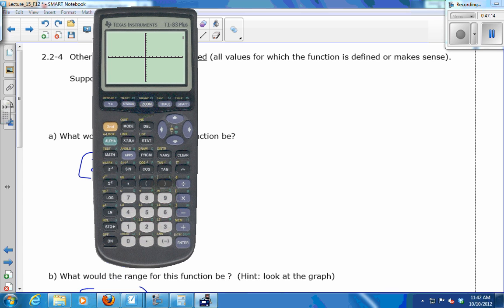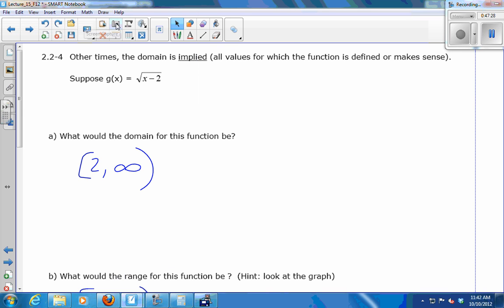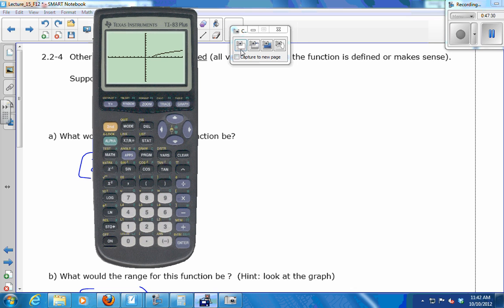Just going to use a standard window. So in this picture, you can see the domain, 2 to infinity. And you can see the range, 0 to infinity. So let me just take a picture of this.